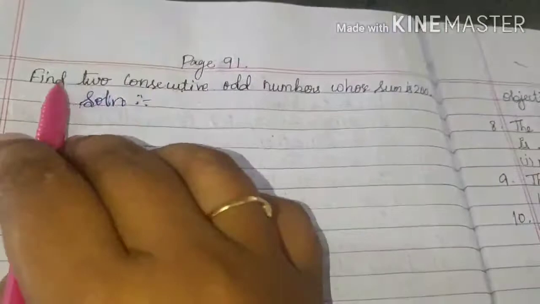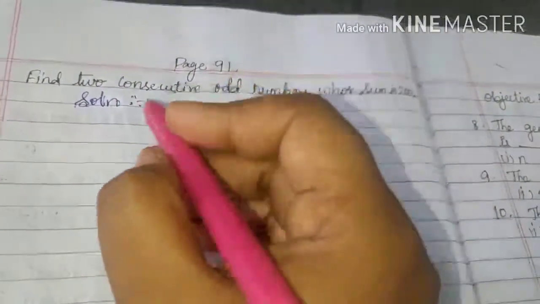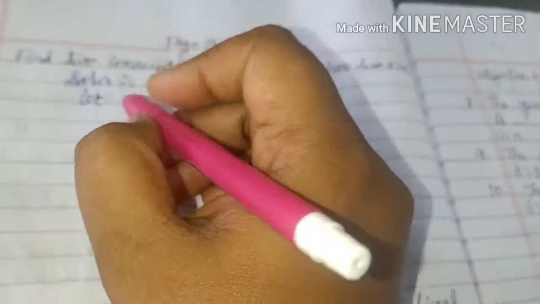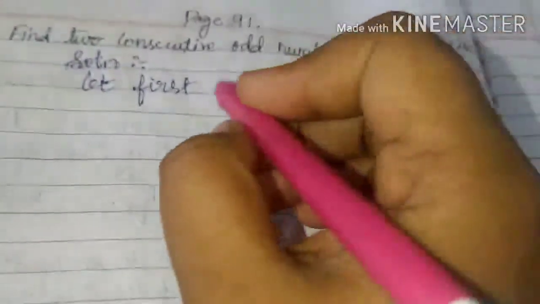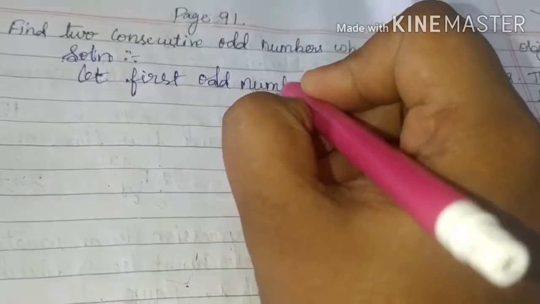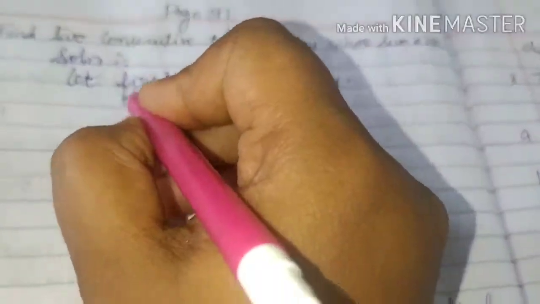Solution. So first, find the two consecutive odd numbers. So let the first odd number be x.